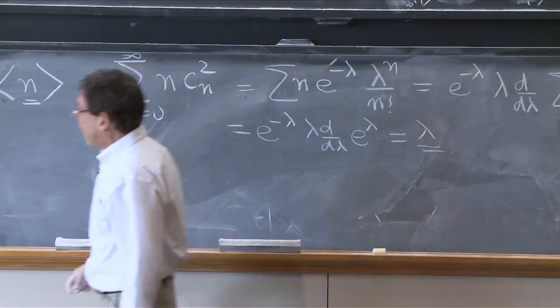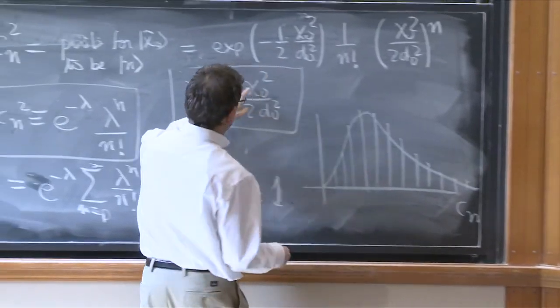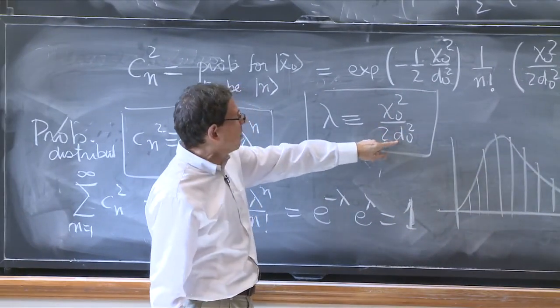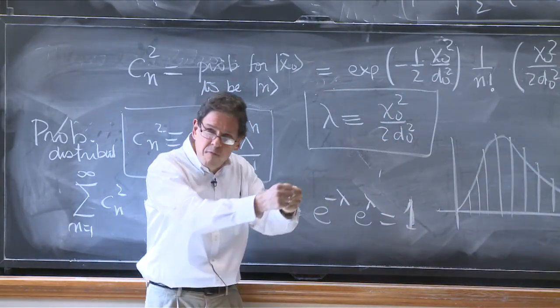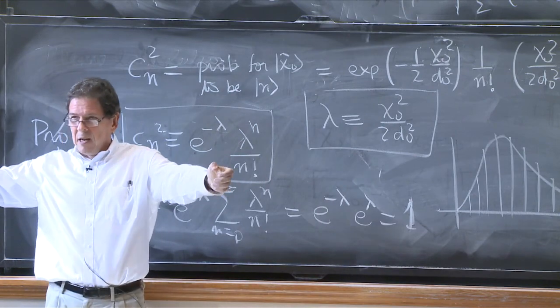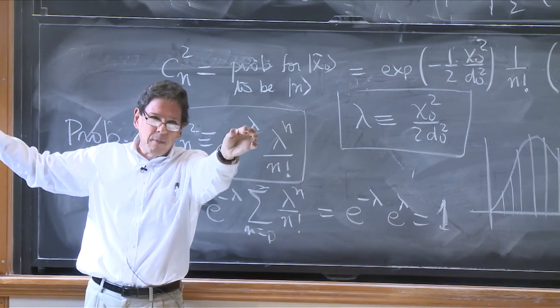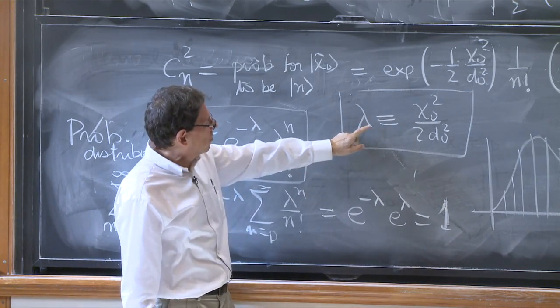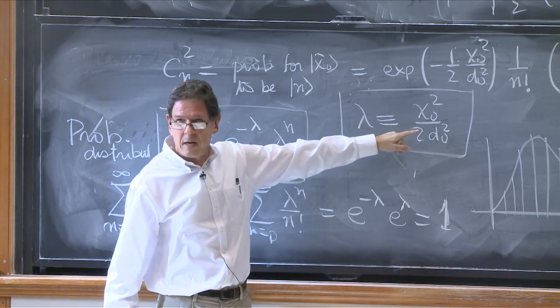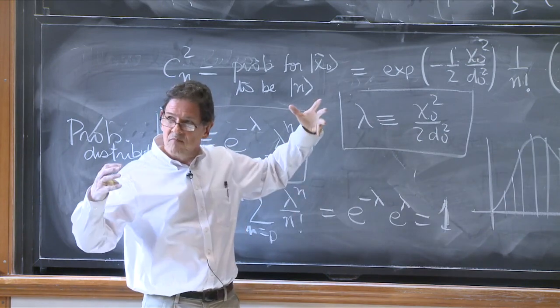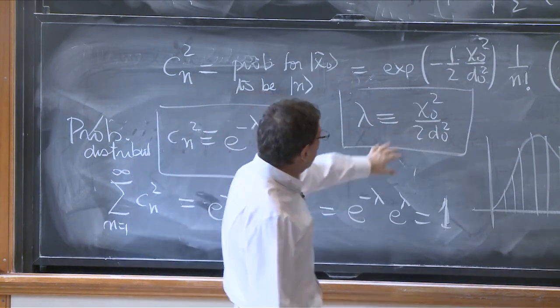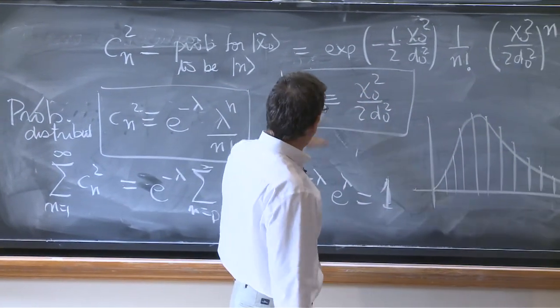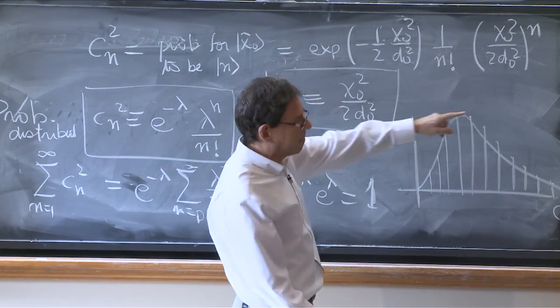So if x0 is 1,000 times bigger than d0, you've moved this thing 1,000 times the quantum uncertainty, then you're occupying most strongly the levels at 1 million. You get x0 over d0 controls which n is the most likely.